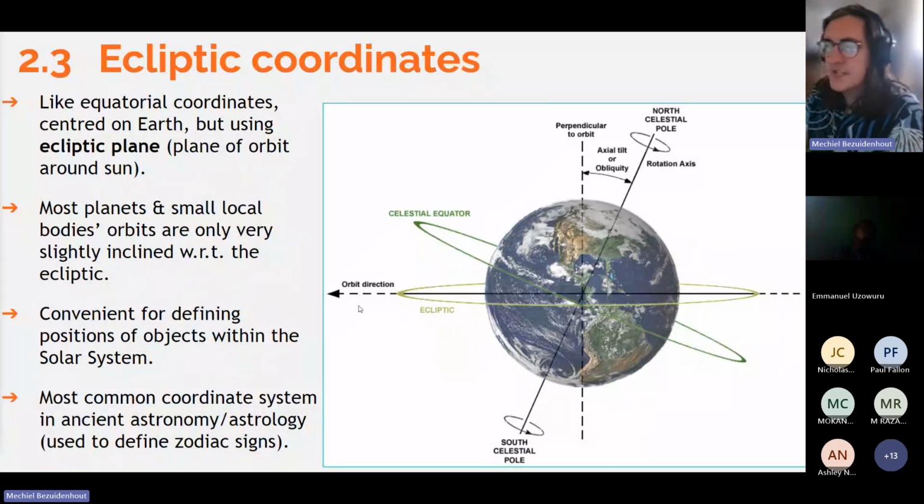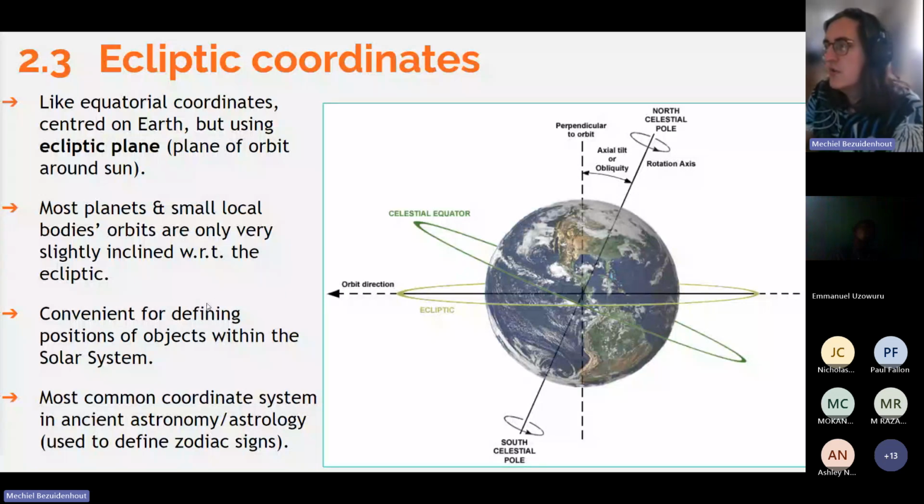So we use this plane of the rotation to measure positions of objects. Most planets and small local bodies within the solar system have orbits that are only very slightly inclined with respect to the ecliptic. So it's often useful to define positions within the solar system using these ecliptic coordinates. This is the system that was used most commonly in ancient astronomy and astrology, for instance to define the zodiac signs.